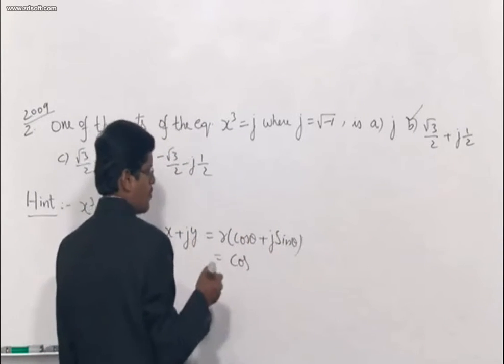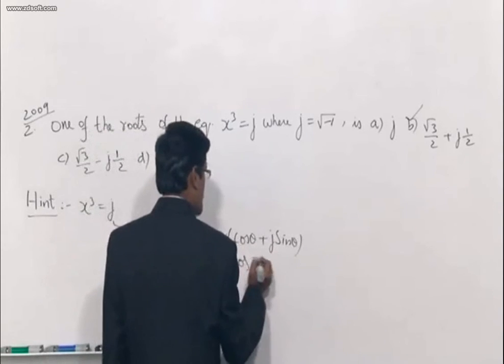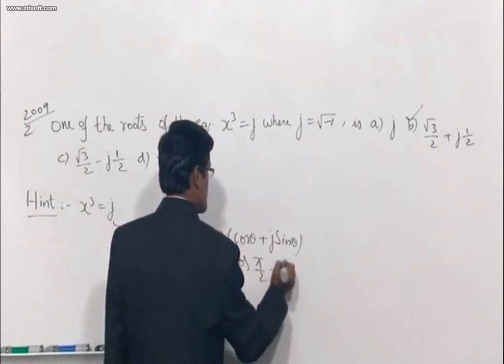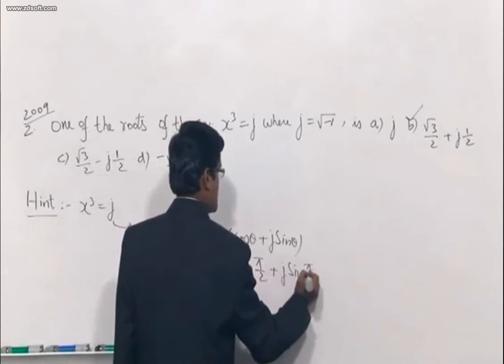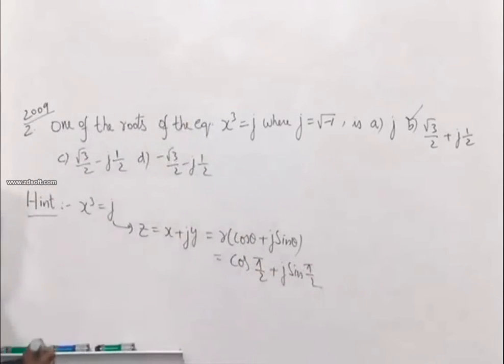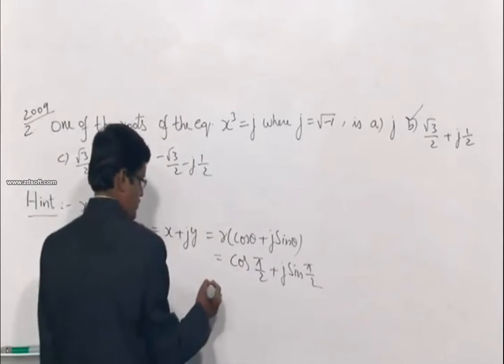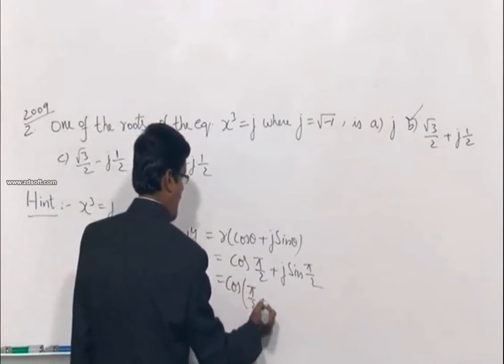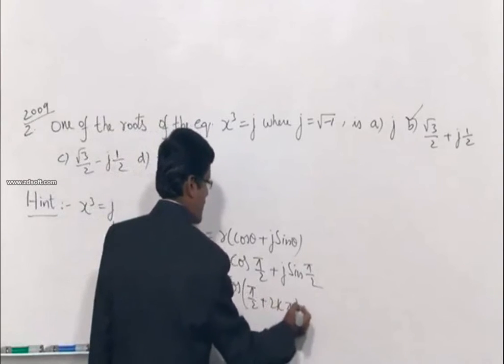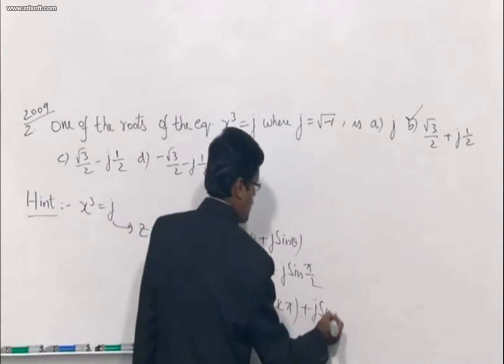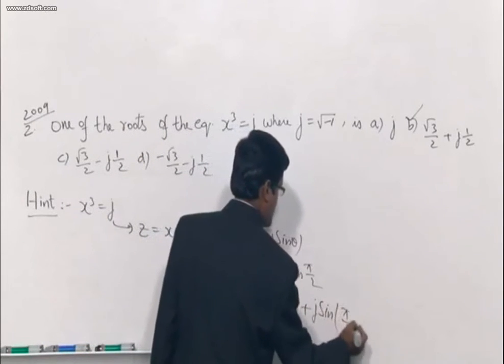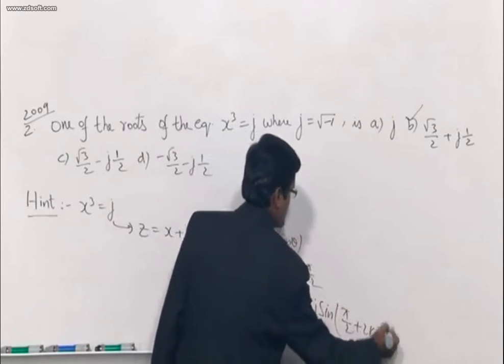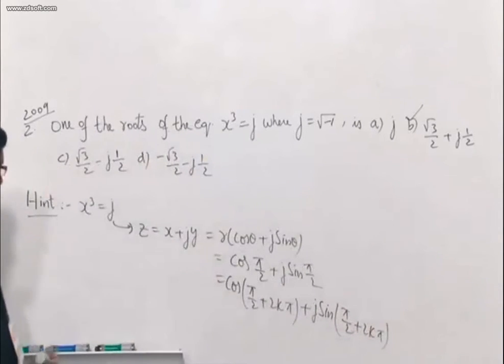That is, look at the previous problem procedure, you will get it. Cos pi by 2 plus j sin pi by 2. Okay, this is adding 2k pi plus j times sin of pi by 2 plus 2k pi.